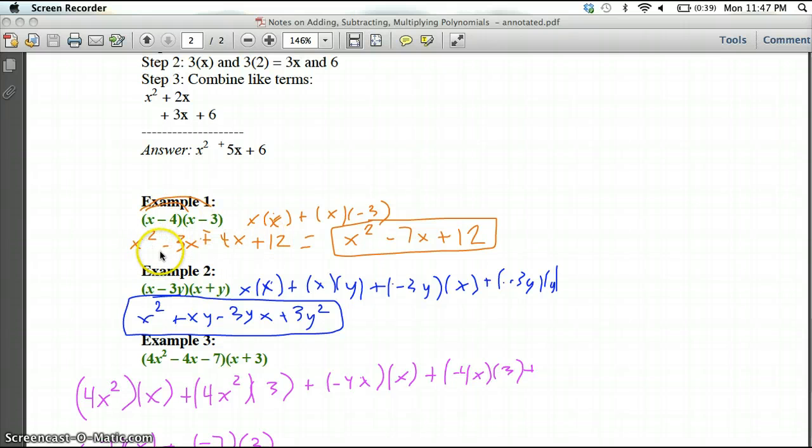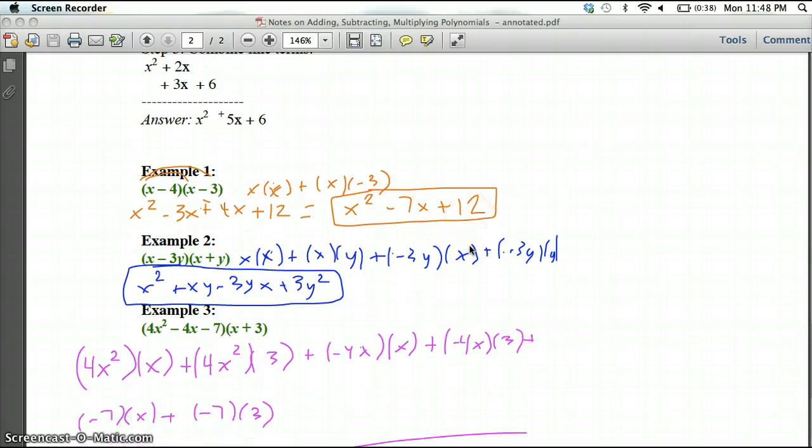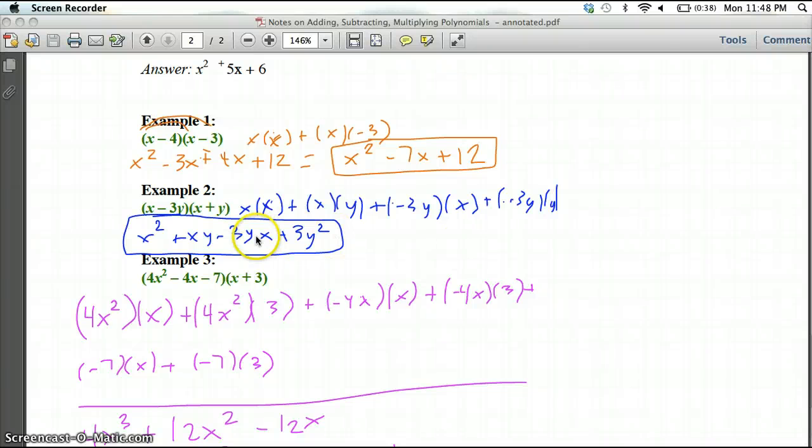So I have x squared minus 3x minus 4x plus 12. So x squared, and then my negative 3x and my negative 4x are going to combine, which is going to give me a negative 7x plus 12. That's my answer.